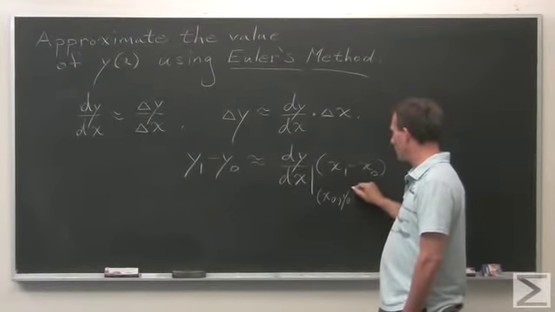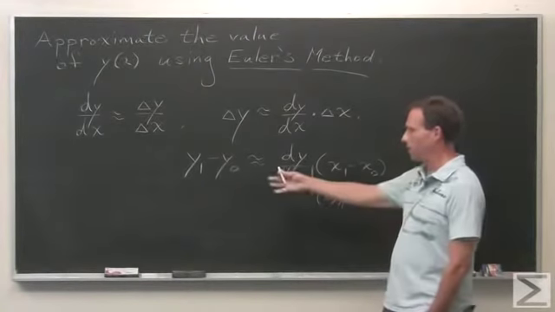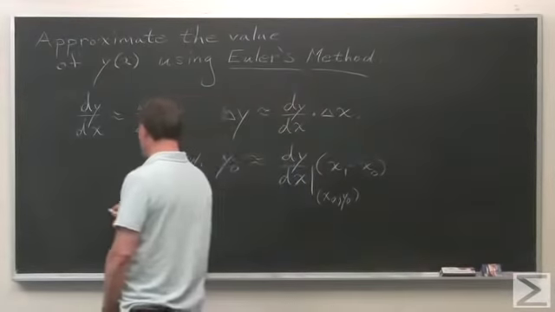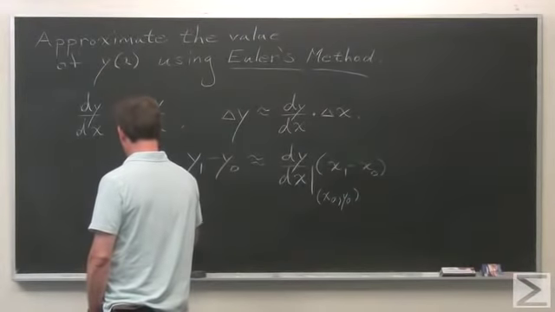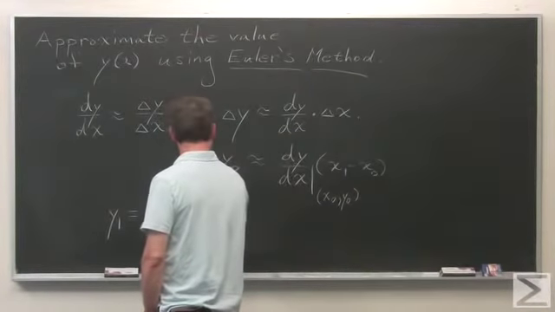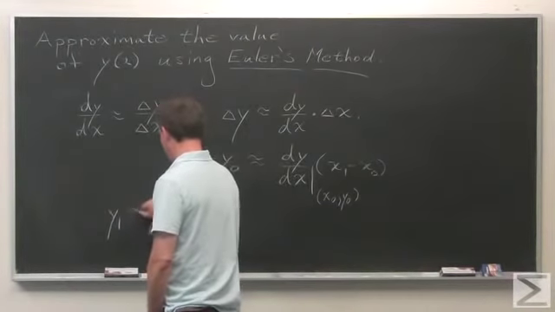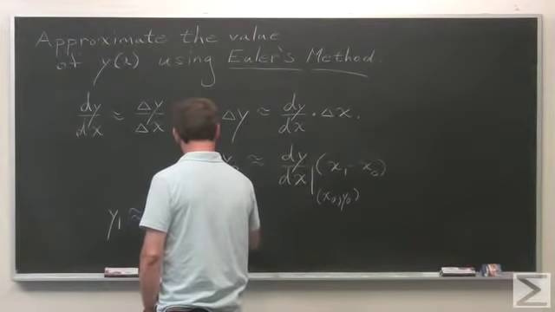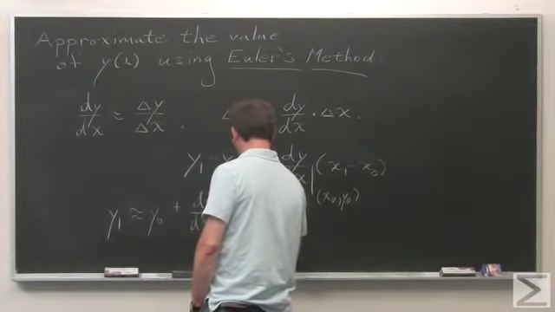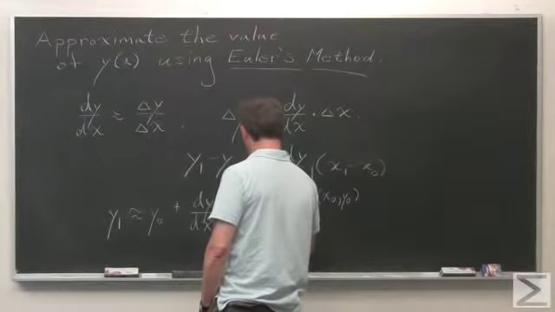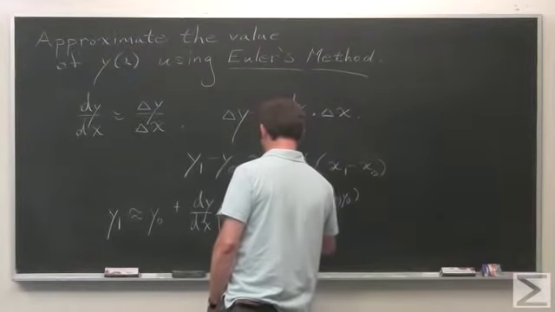So whether you remember or not, if you add y naught to both sides, this is just linear approximation. That y sub 1 is approximately y naught plus dy/dx evaluated at x naught, y naught, times this change in x, which is x1 minus x naught.